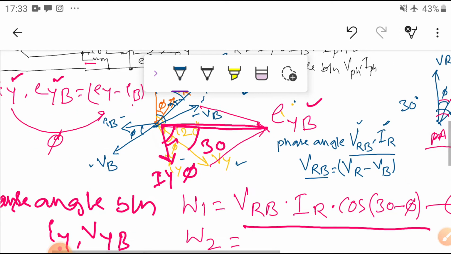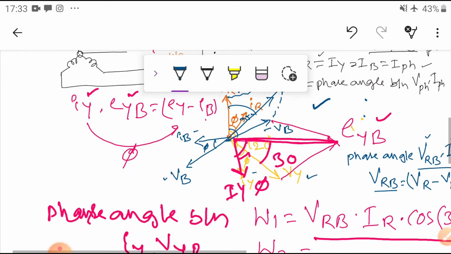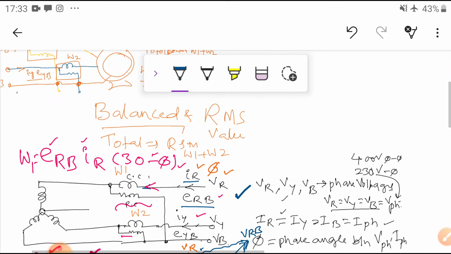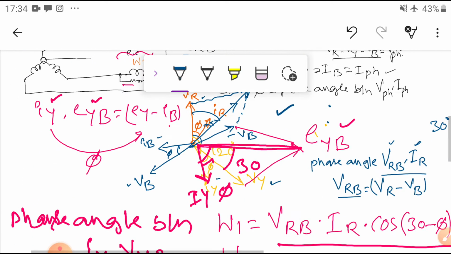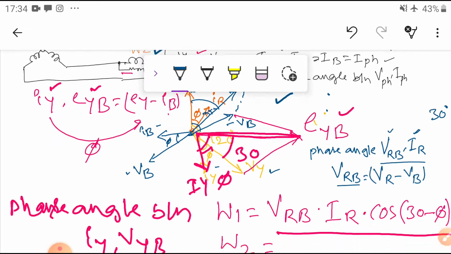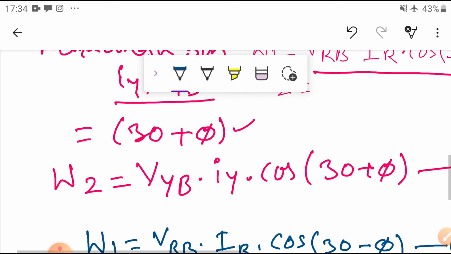Now, based on this W1, that means the W1 reading, the wattmeter reading here, what are its equivalent values we derived? Now, there is a power measured by this phase and power measured by this phase, and we are going to add them. So we assume that W1 and W2 will give the total power consumed by the three-phase load. Okay. So we know the W1, we know the W2.